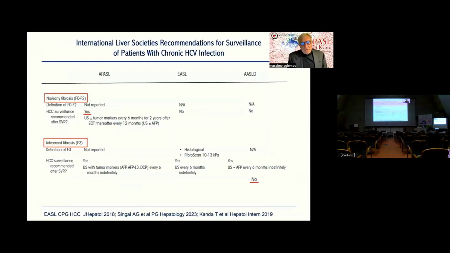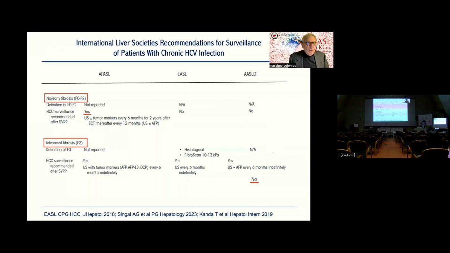The International Liver Society recommends starting surveillance of patients with hepatitis C from the fibrosis stage of METAVIR 3, advanced fibrosis, with the exception of APASL, which recommends starting screening in patients with lesser fibrosis in the liver who have been cured with DAA, because studies revealed the coexistence of F0 to F2 stage in 28% of patients with liver cancer.